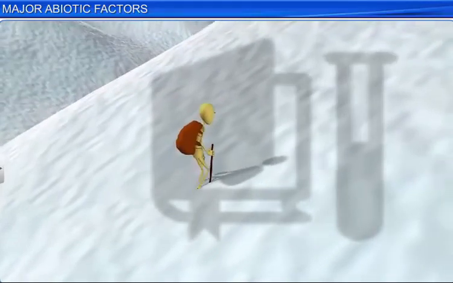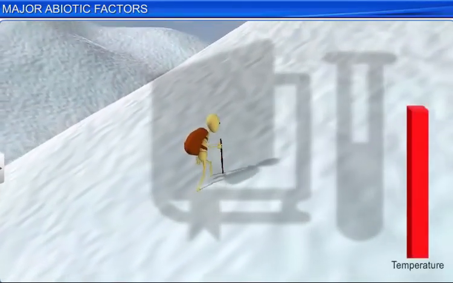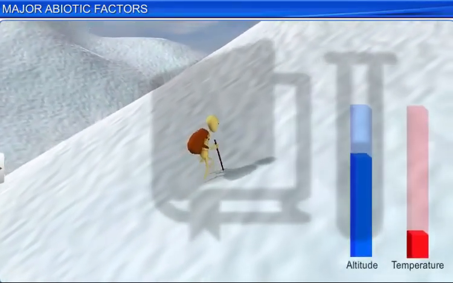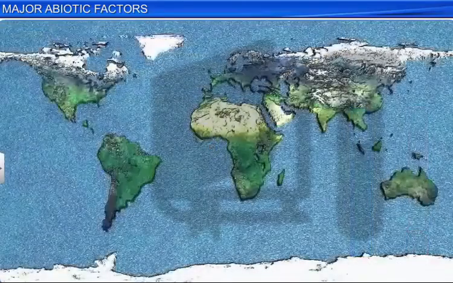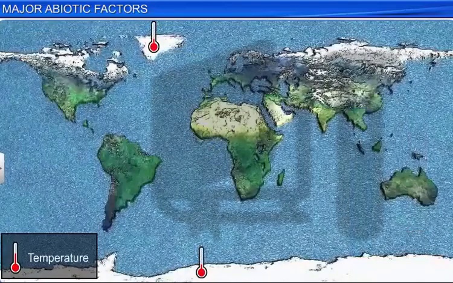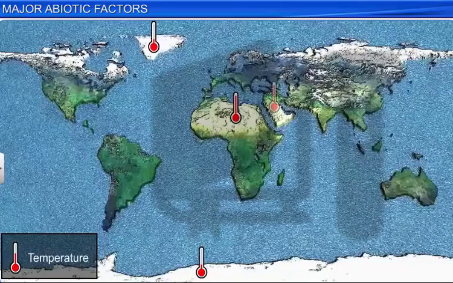Similarly, as you climb mountains, temperature decreases with an increase in altitude. On our planet, temperature ranges from sub-zero levels in the polar areas and high altitudes to more than 50 degrees centigrade in tropical deserts in summer.